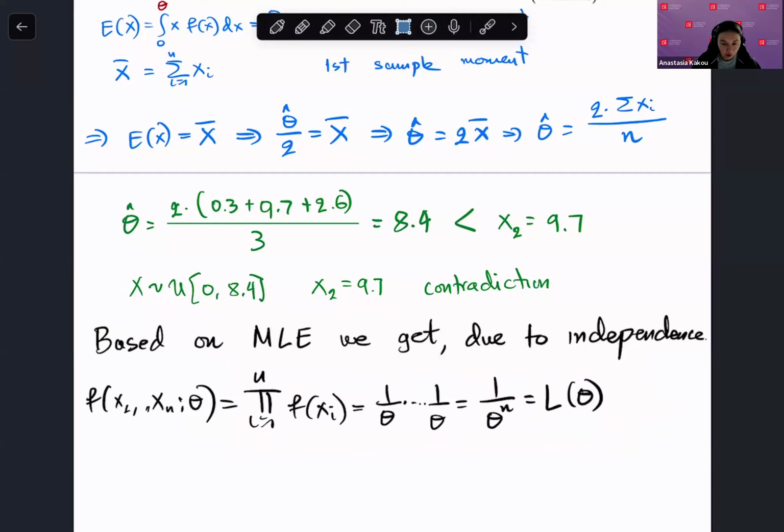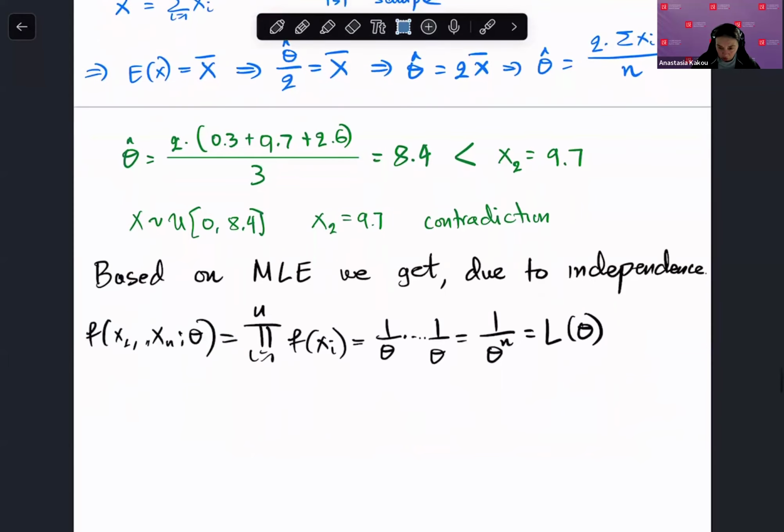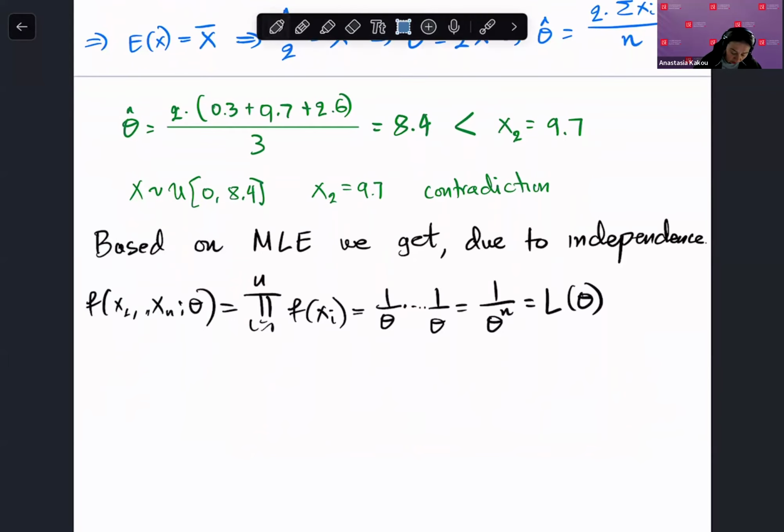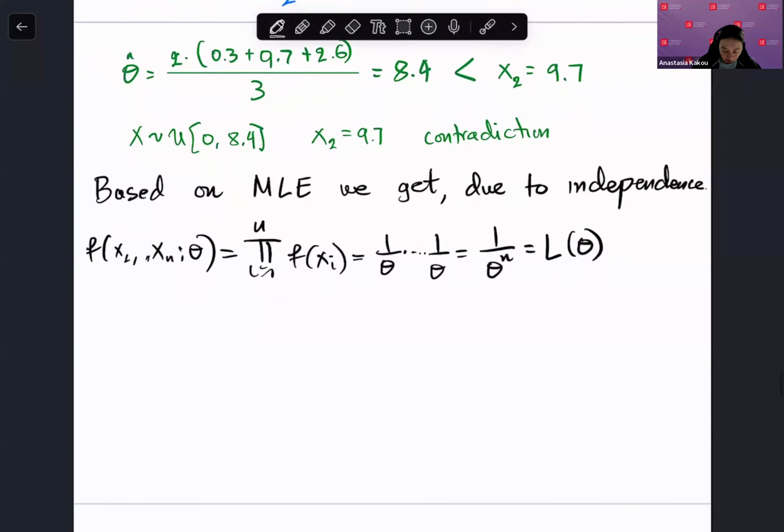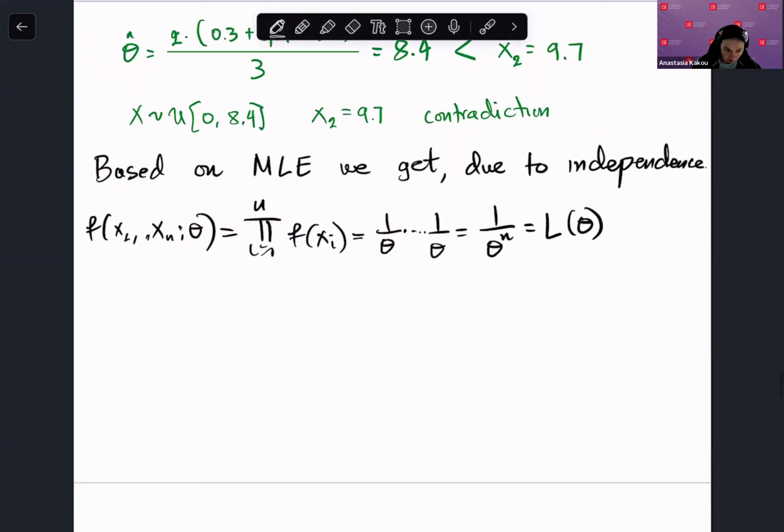So we cannot use that other method of differentiating and setting it equal to 0, because if we were to do that, we would not be able to solve it. Instead, we are trying to understand how this function behaves. We can draw that likelihood function as a function of theta. So you have L of theta.